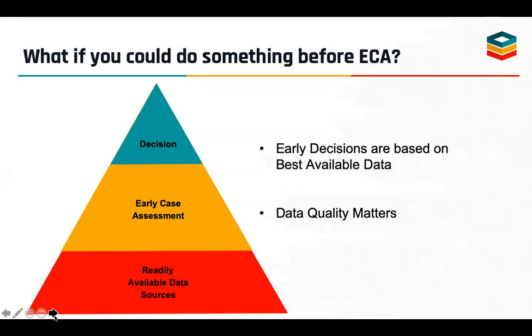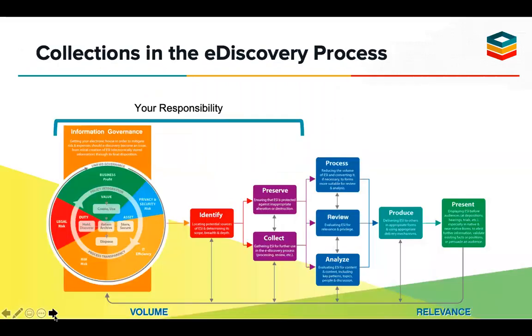A good decision will be based on what you can gather quickly. Now, hopefully, you're all familiar with this e-discovery model. When we talk about e-discovery, most of the time we're really focused on what's going on the right-hand side of this slide with the process, review, analysis, and presentation.